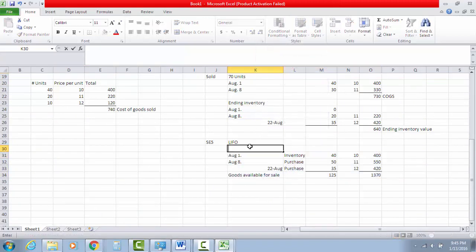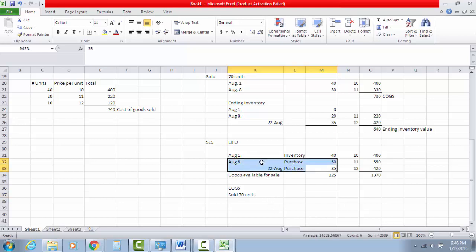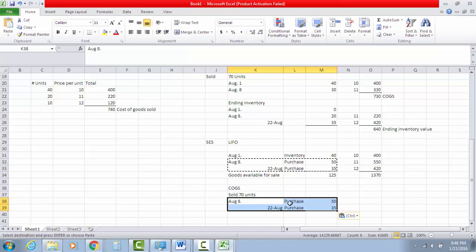So we have this. So your cost of goods sold, you remember, still sold 70 units. None of this changes, 70 units. You go from the bottom. So we're going to take this. We're going to say August 22nd, we would have sold all of these units. Why?